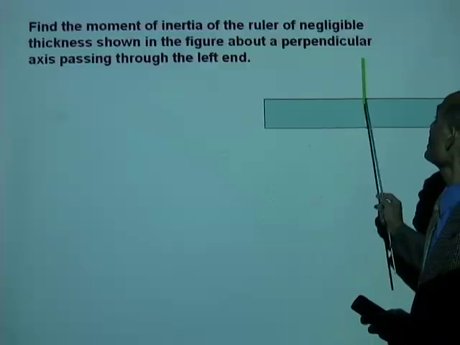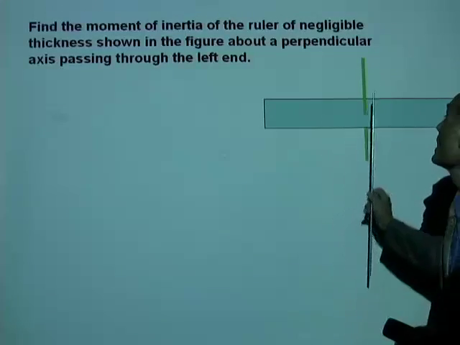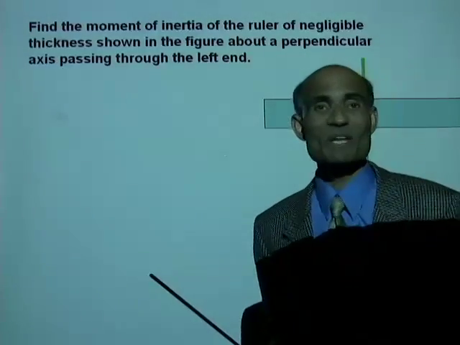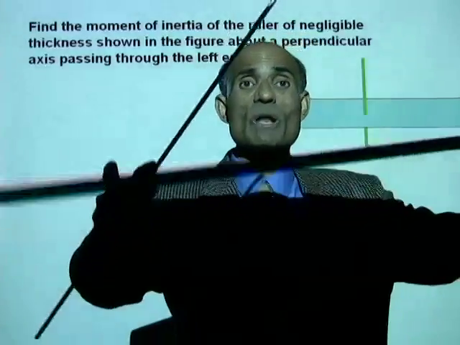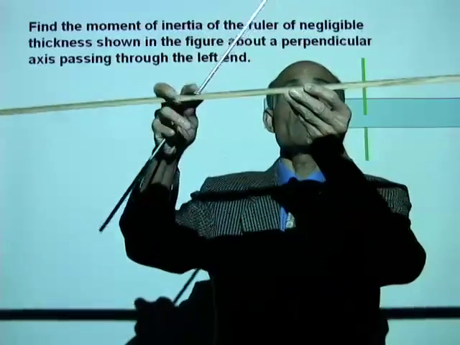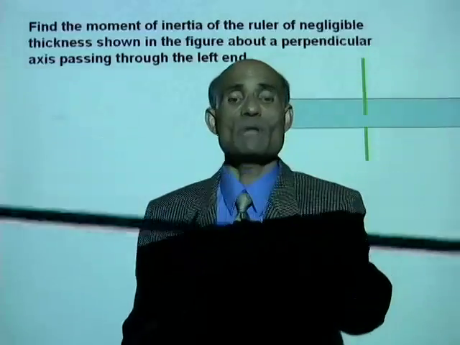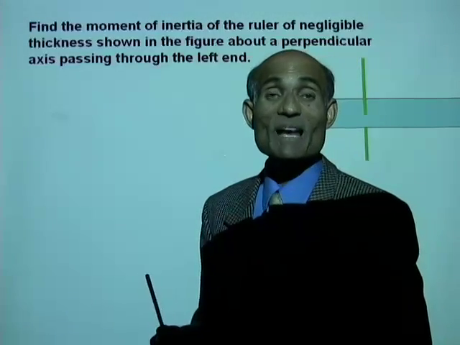Well, we know the moment of inertia of this ruler about an axis through its center of mass. Tell me, what is the moment of inertia of a ruler about an axis through its center of mass? What's the formula for that? It's 1/12 ml squared.